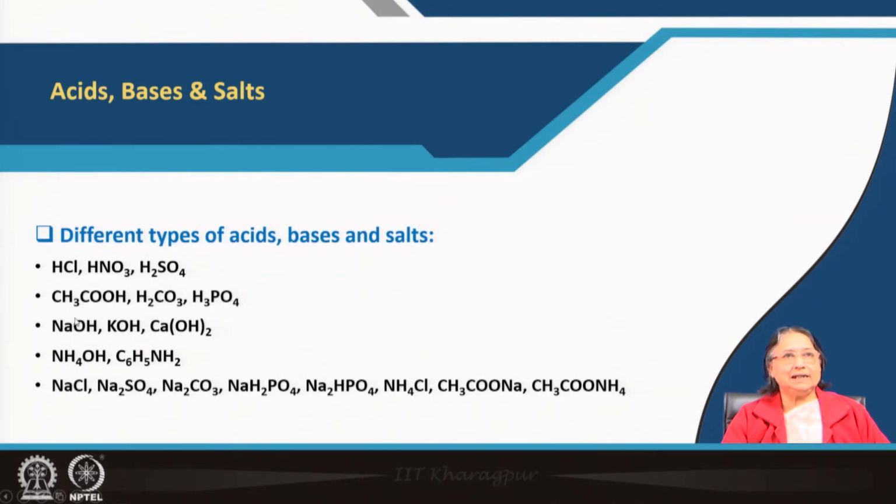Some bases are also shown: NaOH, KOH, calcium hydroxide, ammonium hydroxide, aniline, which is an organic base, and salts like sodium chloride, sodium sulphate, sodium carbonate, sodium dihydrogen phosphate, disodium hydrogen phosphate, ammonium chloride, sodium acetate, ammonium acetate.